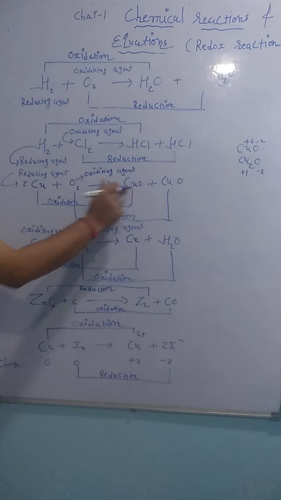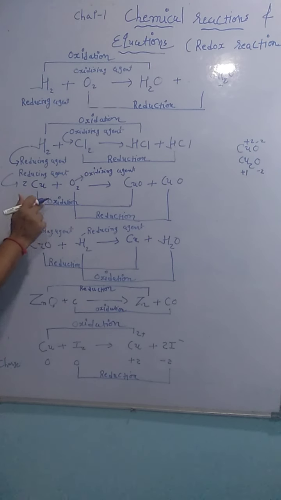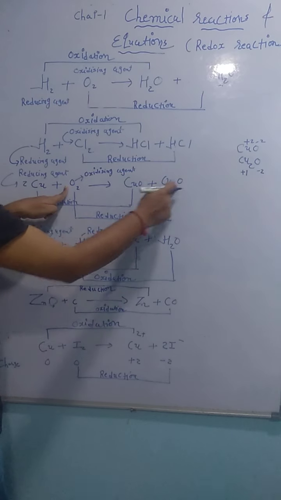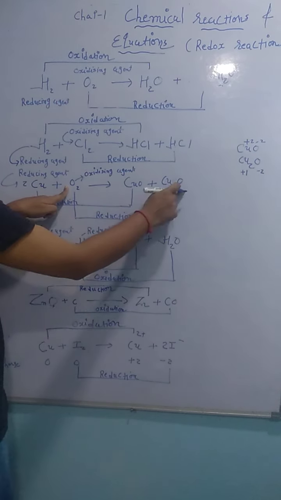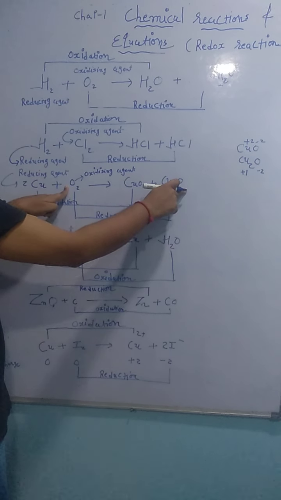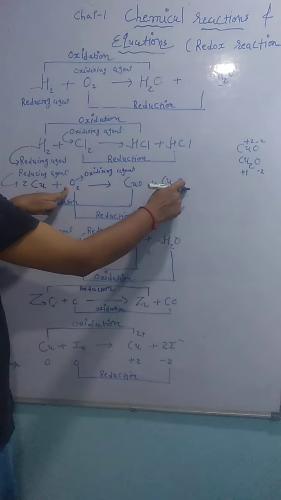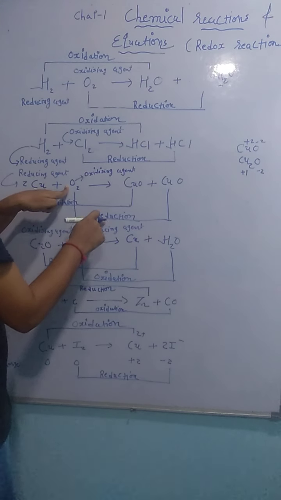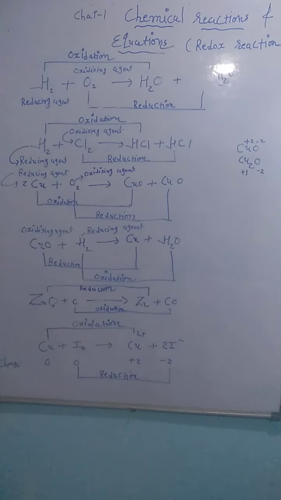When oxygen is added, that reaction is called an oxidation reaction. As it is undergoing oxidation, Cu is the reducing agent. Now compare oxygen and CuO. O is 2, oxygen is 1. Oxygens are reduced, so oxygens are decreased. That is called a reduction reaction. As it is undergoing reduction, O2 is the oxidizing agent. Your concepts are clear.